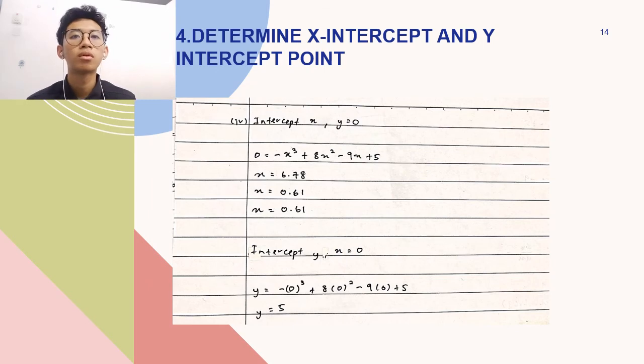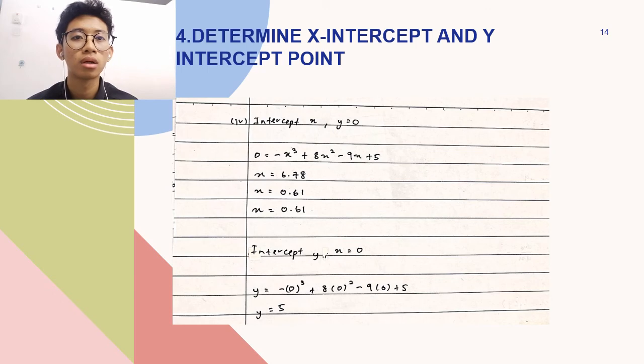Number 4 is to determine the x-intercept and y-intercept points. For the x-intercept, y equals 0, so 0 equals negative x³ plus 8x² minus 9x plus 5.